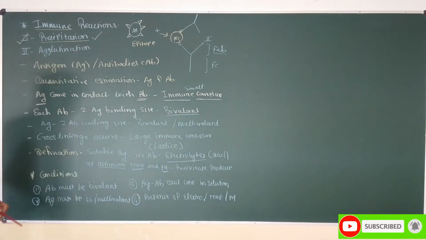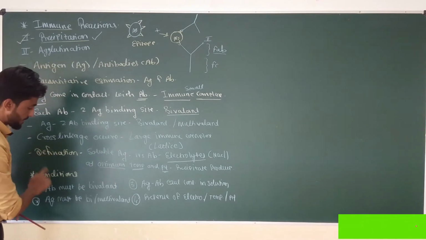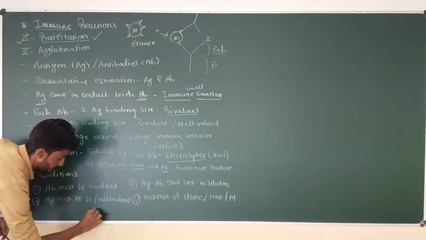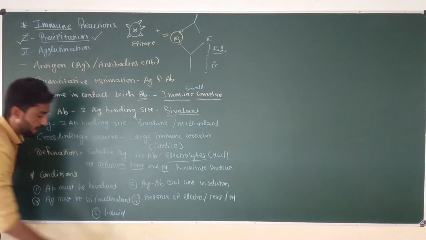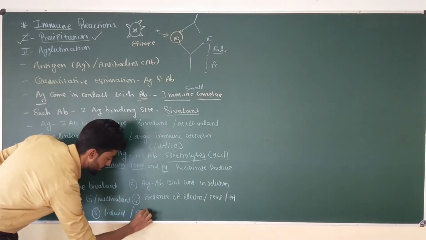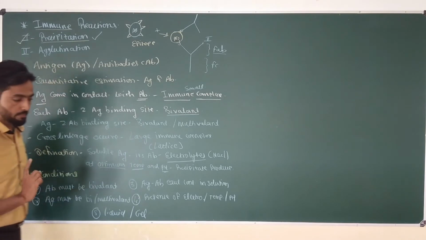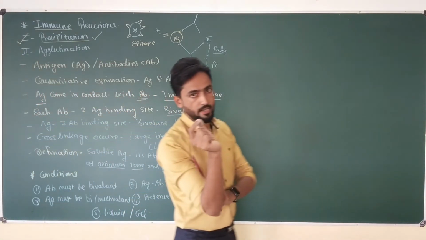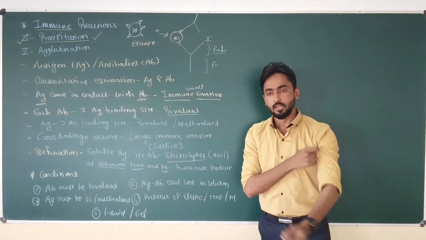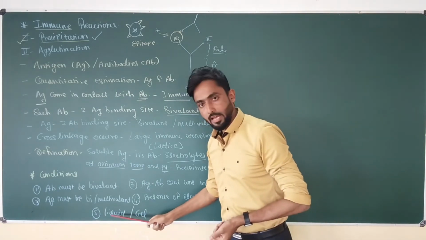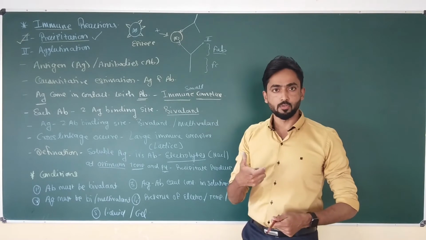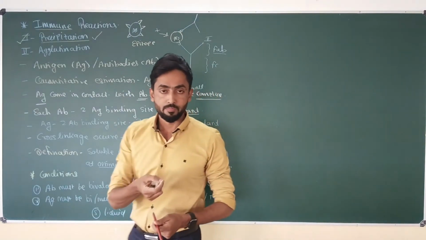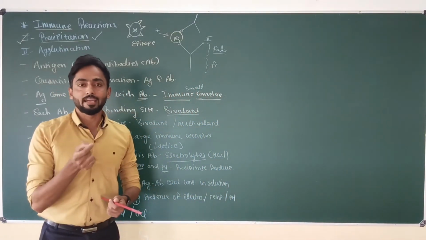Okay, and this precipitation reaction can occur in liquid medium as well as in gel medium. Okay, so remember that thing, the precipitation reaction of the antigen and antibody can occur in the liquid medium as well as in gel medium. This gel may be produced with the help of agar, agarose or polyacrylamide.